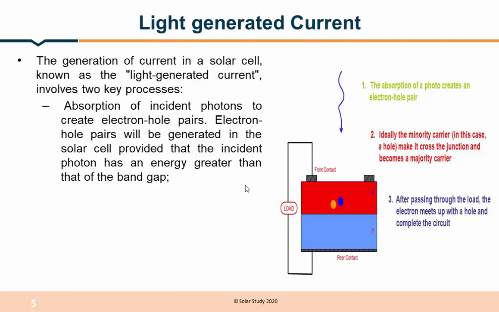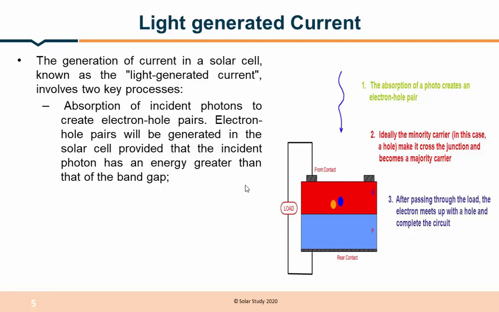So when a photon is incident, it will start electron hole pairs. It will generate in the solar cell with a certain amount of photon, which I can call electrical energy, and that energy is much greater than the band gap.